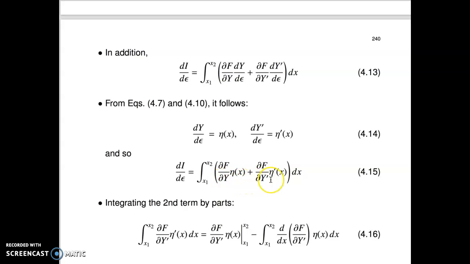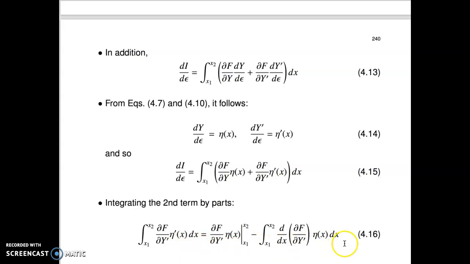So I could break this up into two integrals, so the second term will give me a second integral. And that second integral that goes with the second term looks like this. And we're going to use integration by parts.